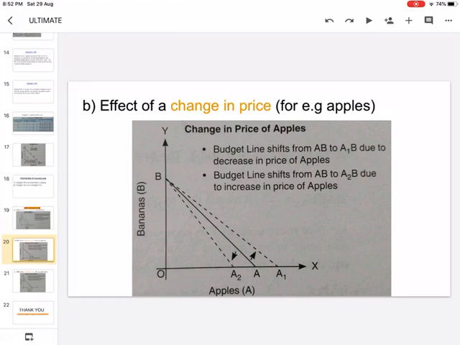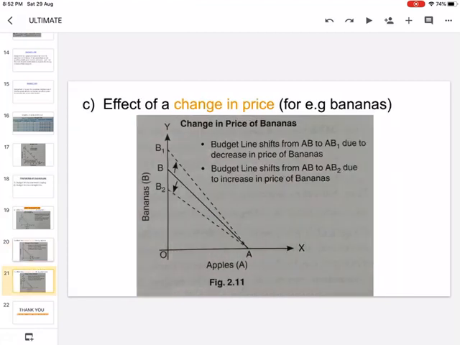And if the price of apples increases, he can buy less of apples. So earlier, if the budget line was BA, now it becomes BA2.